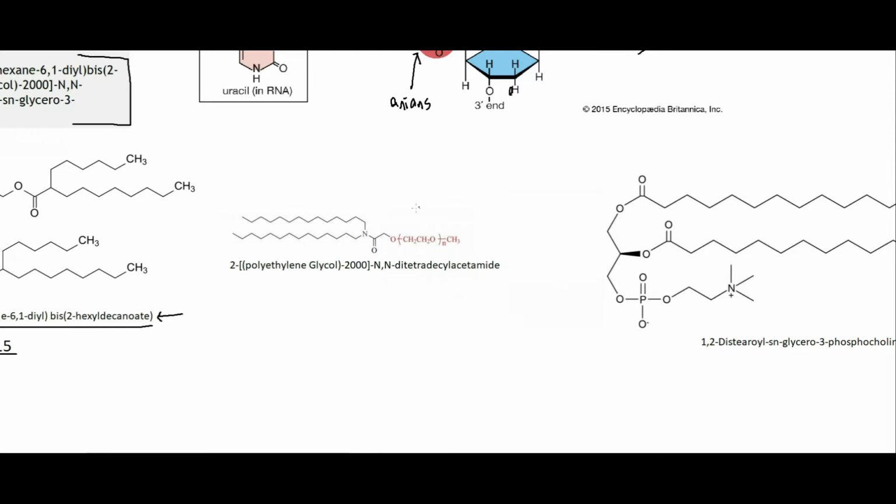Then we have this other one here. The thing to notice is this red part here, which has this n because it can be n number of these things in parentheses repeating. That is a polyethylene glycol coming off of it, and 2000 because that is the average length of this polyethylene glycol part.